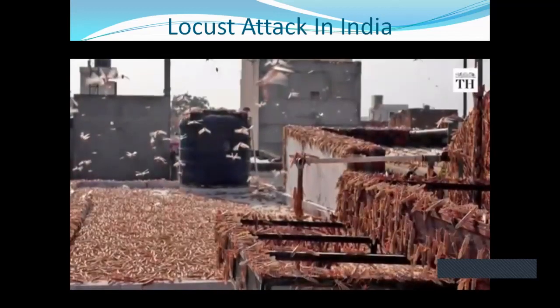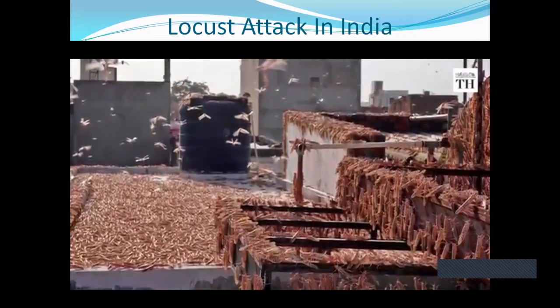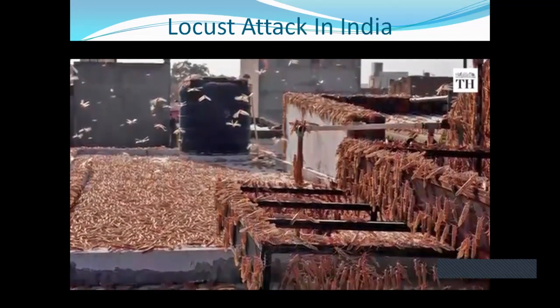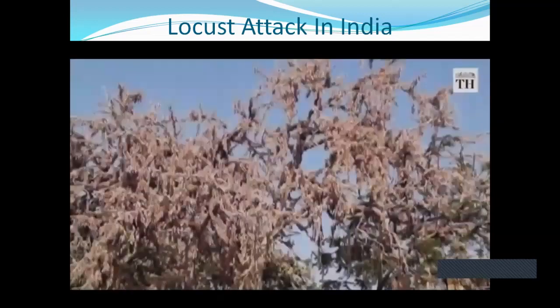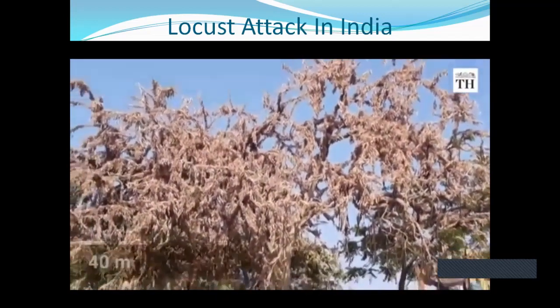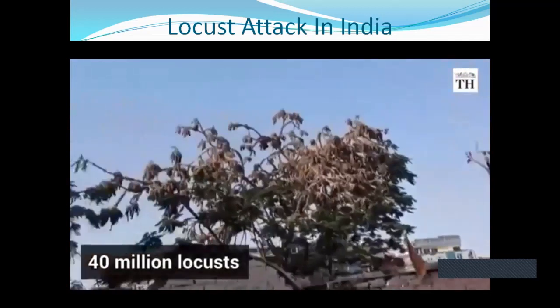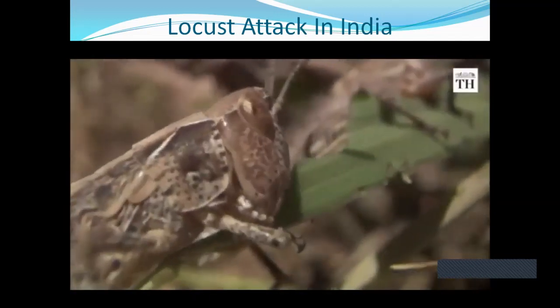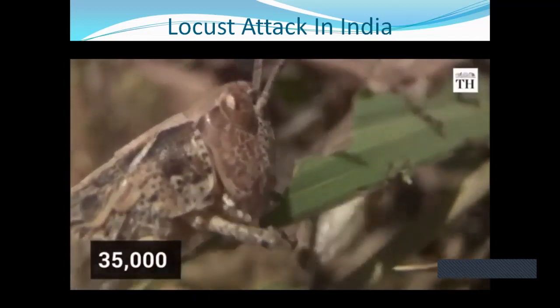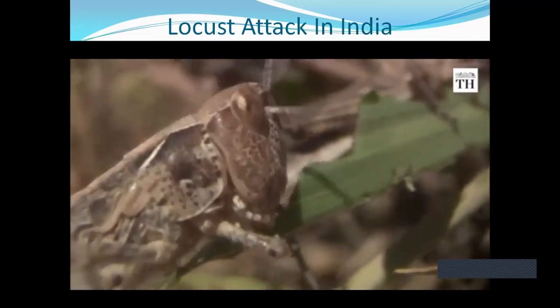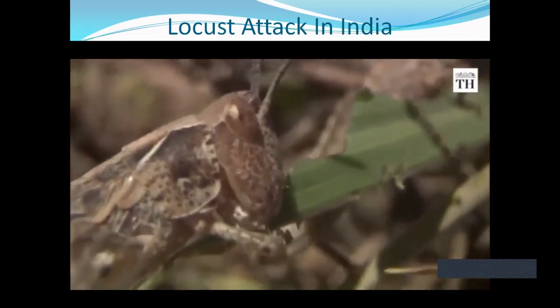The size of these swarms can vary from less than 1 square kilometer to several hundred square kilometers. A 1 square kilometer swarm contains about 40 million locusts. They can eat as much food as 35,000 people, assuming that each individual consumes 2.3 kg of food per day.